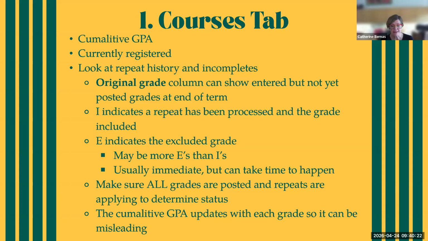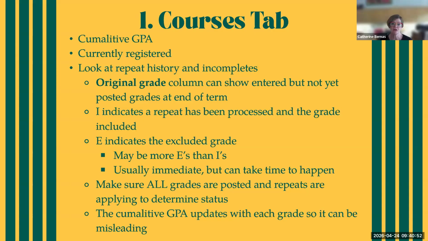So the first place that I usually go to when I pull up a record is the courses tab. I want to see, first of all, their cumulative GPA. So the really nice thing about the courses tab is it has right above where all the registration information is, a table that shows the students' current cumulative GPA and the quality points and GPA credits that make up that GPA.